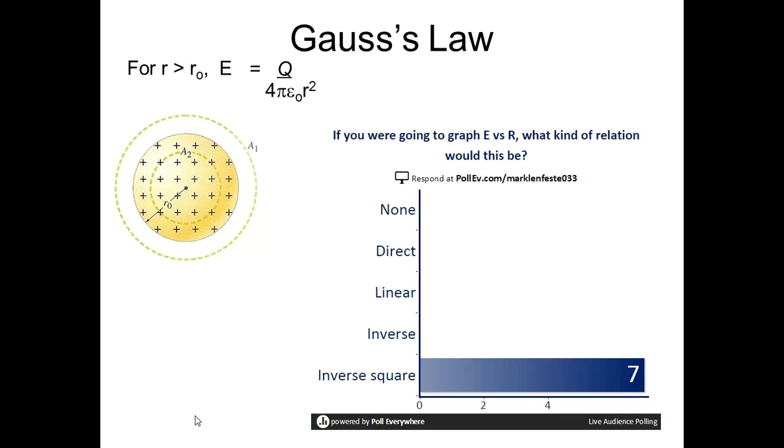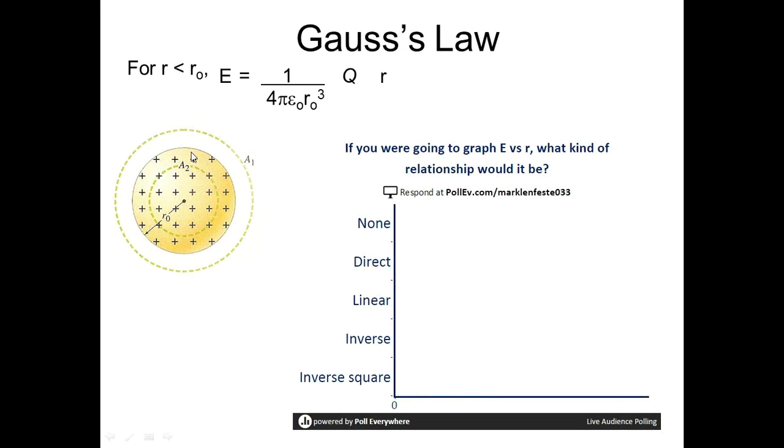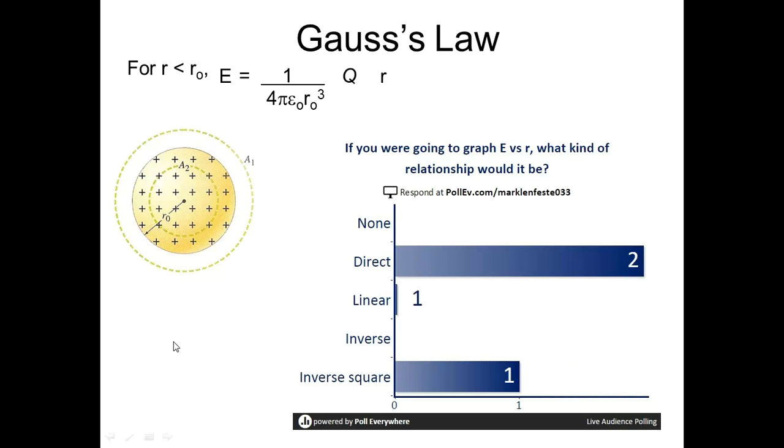Okay. So now we're going to go on to the next one. This is when it's inside. The Gaussian pillbox is inside of this insulator, and that's a direct relationship. Ooh, somebody said inverse. Somebody's saying direct, somebody's saying linear.